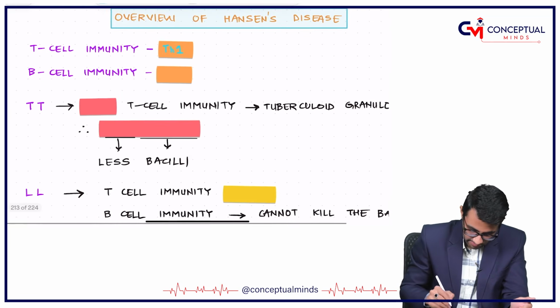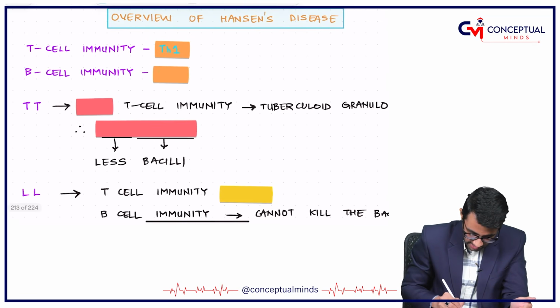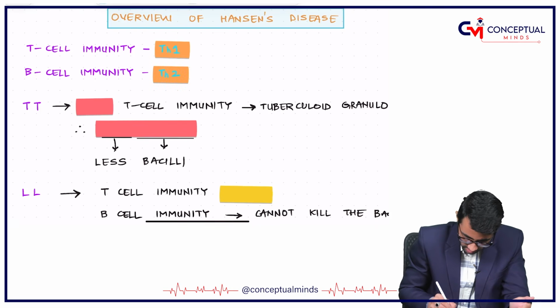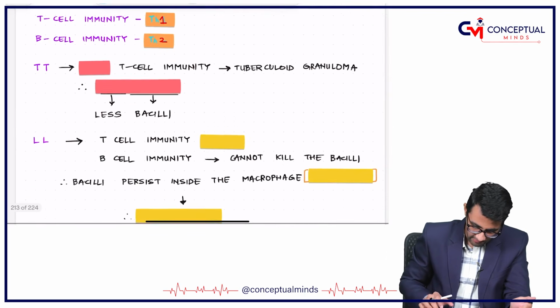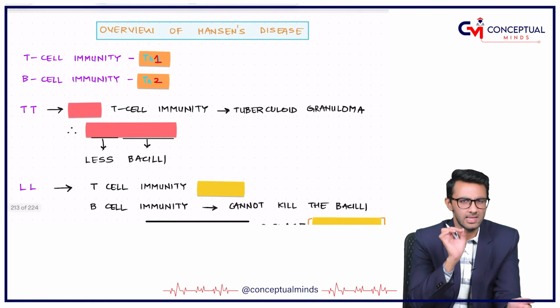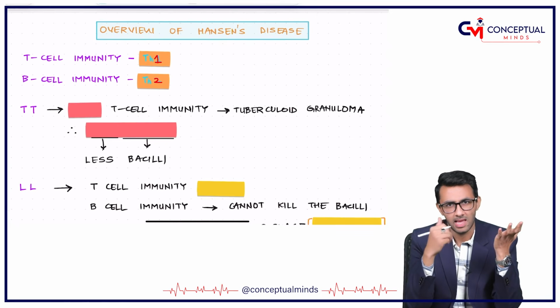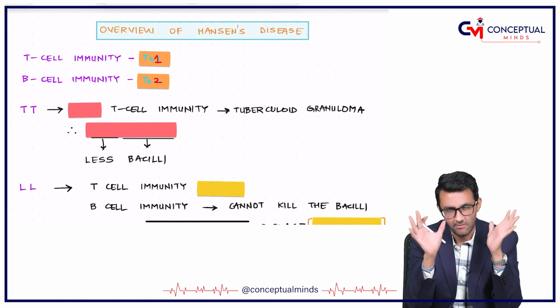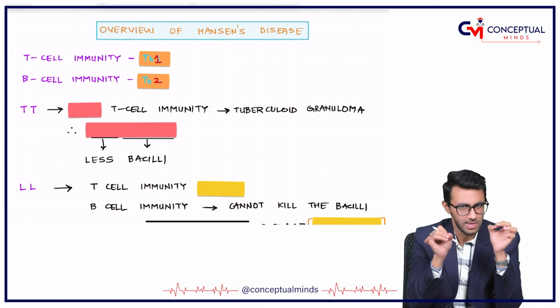If it is B cell mediated immunity, it would be the T helper 2. This is one thing I want you to clearly understand, that there are 2 aspects, the T cell and the B cell. I will come back to this point again.